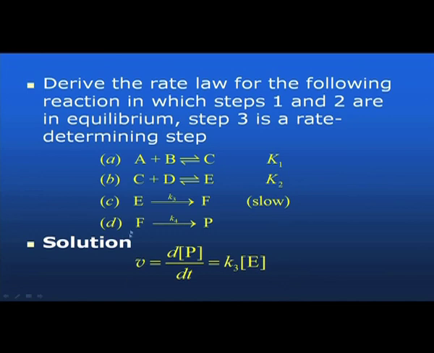Then the third step, with rate constant K3, is the slowest one. So, this is your rate determining step, and D is the product formation, which is also fast. It is not mentioned, but it is fast compared to this one.